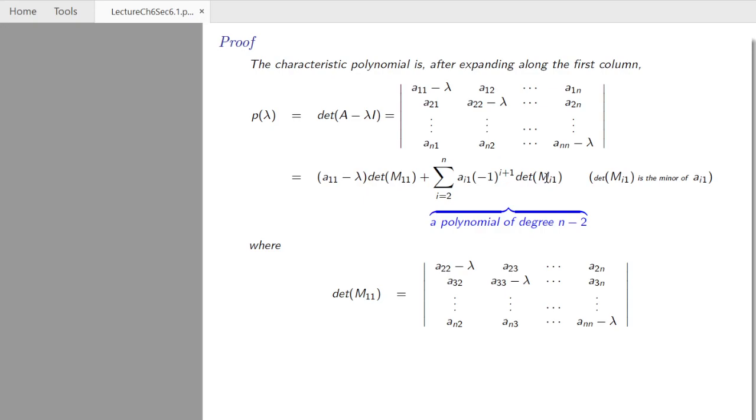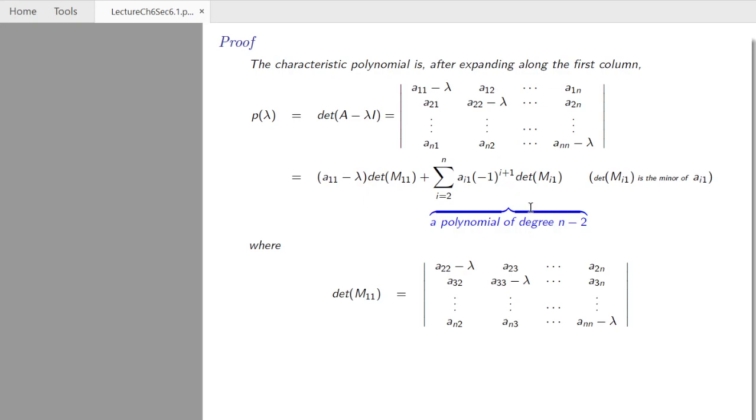M21 is the minor of A21. And then continuing this way, we go to An1 times negative 1 to the power n plus 1, times the determinant of the minor of An1. So we get this form.